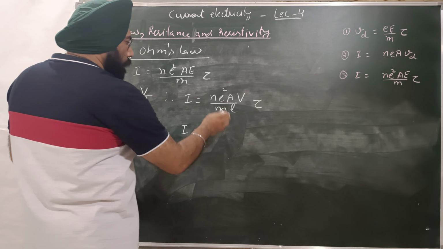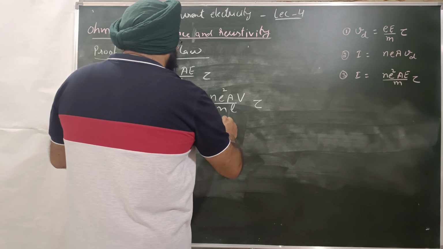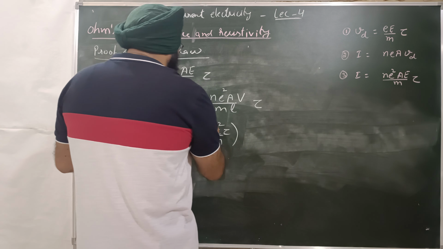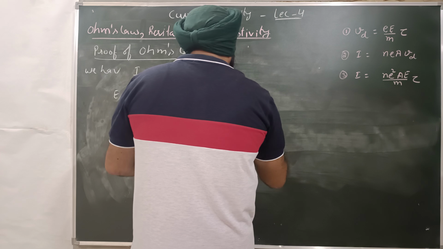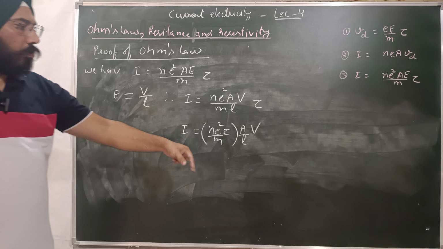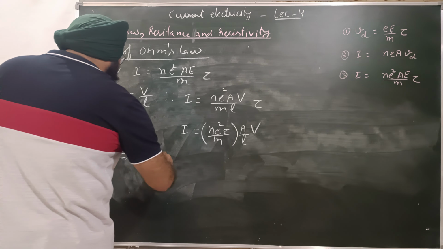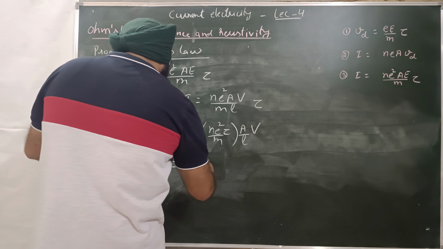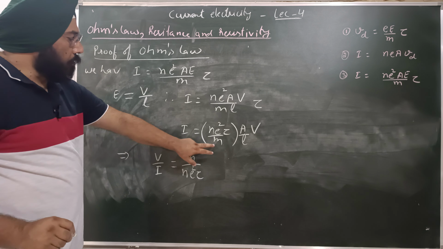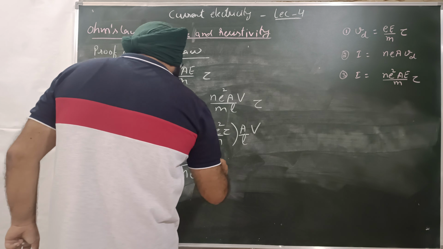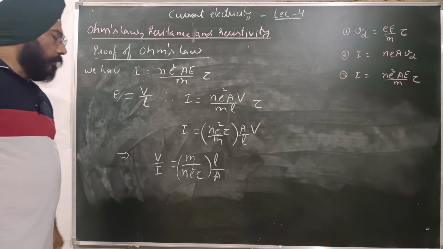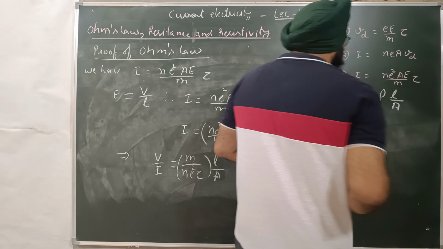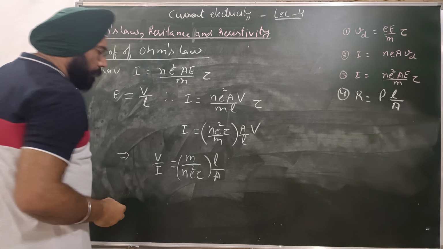If I rearrange all these things, I is equal to n e square tau over m multiplied by A over L multiplied by V. If I cross multiply, I get V over I is equal to m over n e square tau multiplied by L over A. This is similar to the formula that we have already used, R is equal to rho L over A. So here this term stands for rho.